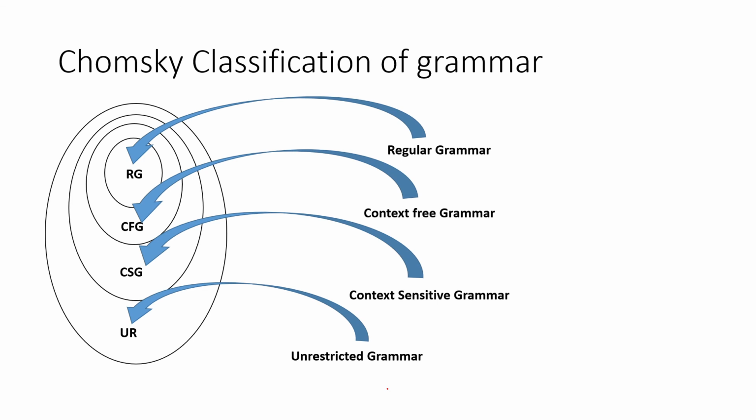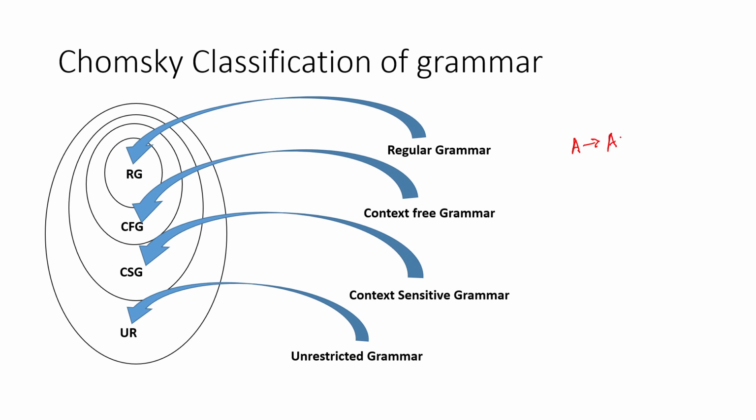I mean, in an inverse way, you can say that every grammar that is a context free grammar is also a regular grammar, because... I'm sorry, I made a mistake. Every grammar which is a regular grammar is also context free grammar.